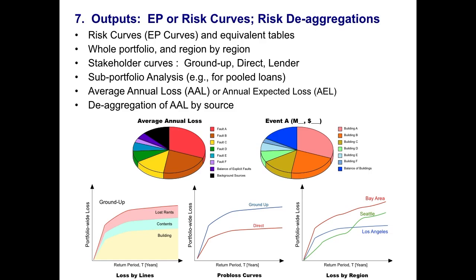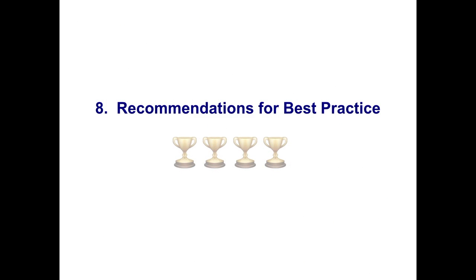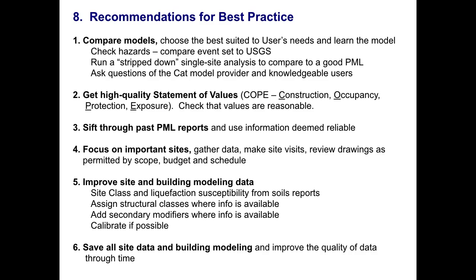So what are some recommendations we can draw from all of this for best practice? If you're the engineering service provider working with a lender, you want to compare models and choose the best model, the model that is best suited to the user's need, and then learn the model.